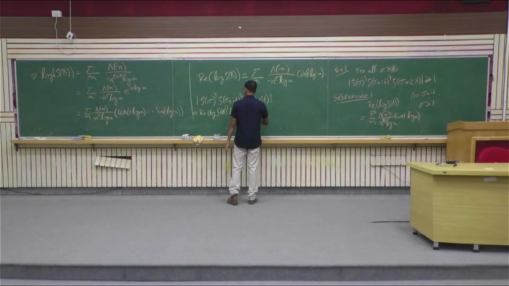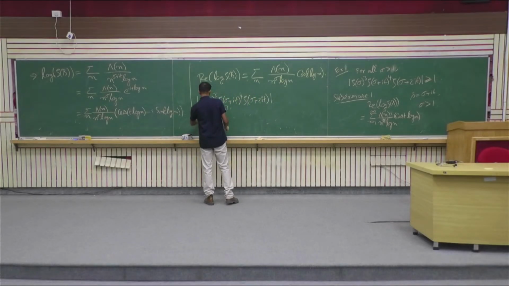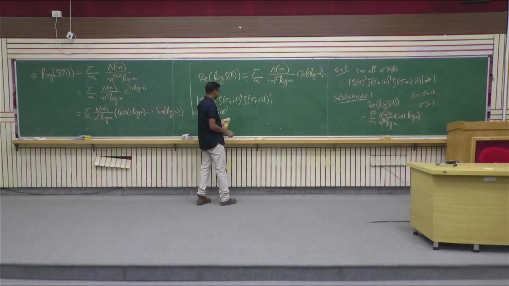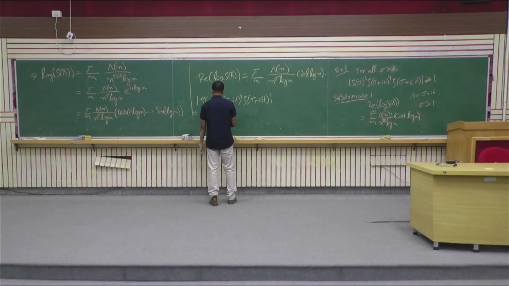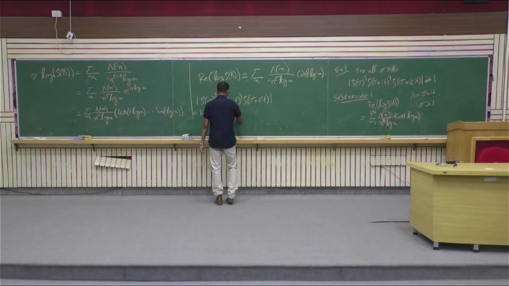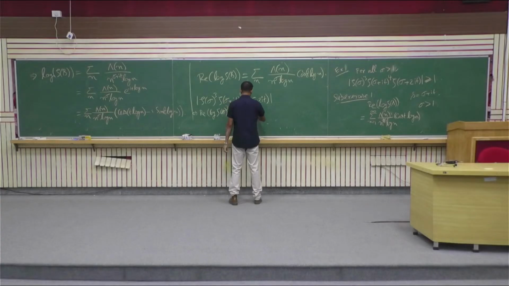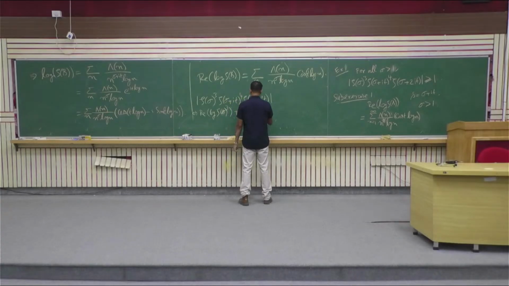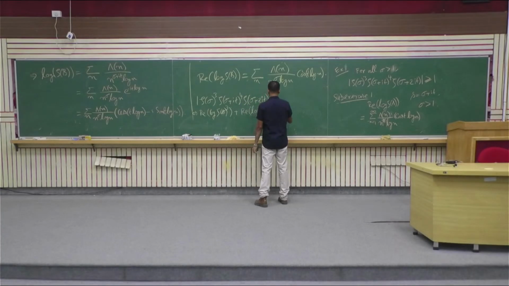and wait a minute, no, it's a product, right? So there should be a sum: the real part of this plus the real part of log of zeta of sigma plus it, whole power 4.